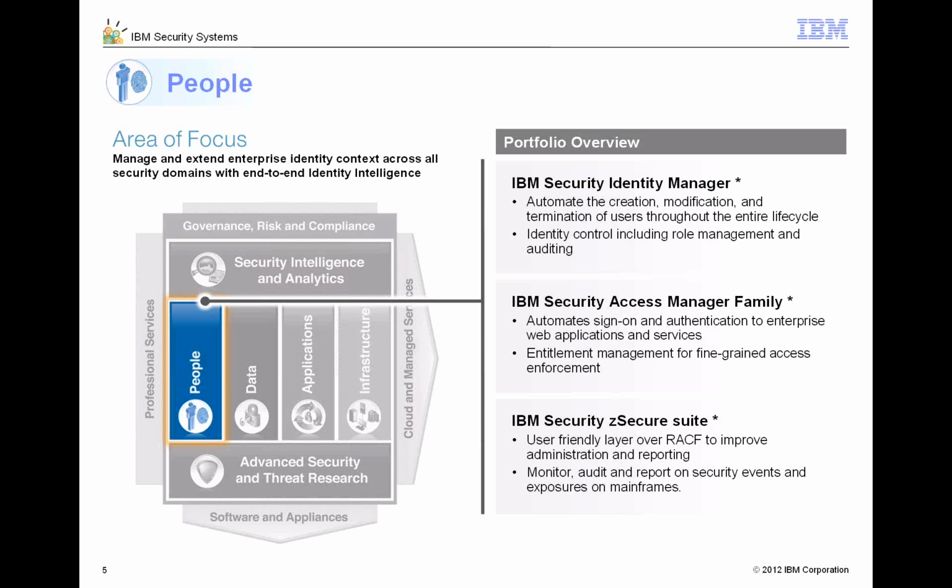There are four primary areas where IBM offers security products, and those are people, where the identities and the roles, access, permissions, authorities of the people come into picture. So the products that manage these aspects of the security.